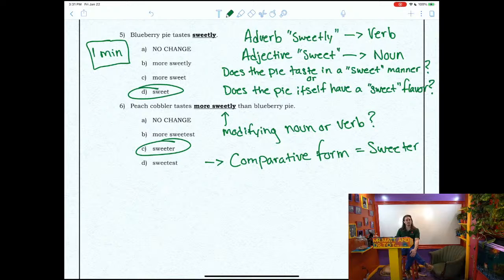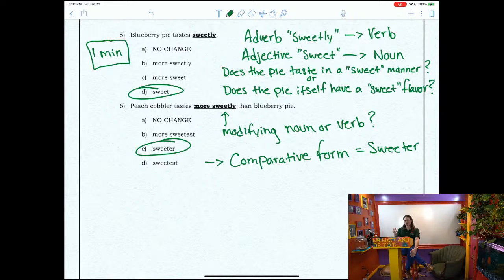Because if roses smelled sweetly, that's implying that roses have a nose, and they're kind of politely wafting into the air and smelling the aromas around them, applying human characteristics to the plant, which is not correct. So in order to say that correctly, you would say roses smell sweet, not roses smell sweetly.